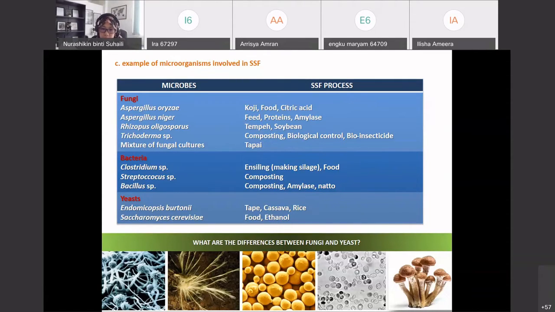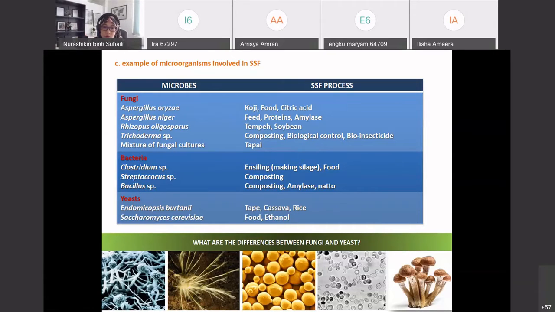Rhizopus oligosporus is the one that is used for making tempeh, yeah? Soybean. So you take the Rhizopus oligosporus and then you put it on the soybean. At the end of the day, you can have tempeh. So if you put Aspergillus niger on soybean, it might not produce tempeh at the end, okay? So the selection of the microorganism plays an important role in determining the type of product produced. And not just the microorganism, the substrate, okay?